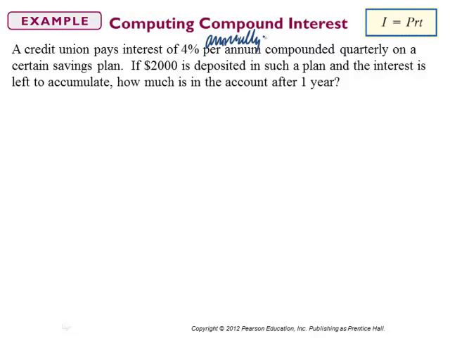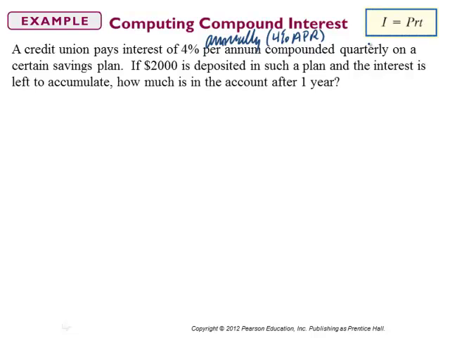So 4% APR, in other words, think about this as 4% APR with quarterly compounding. So it says per annum compounded quarterly. Please don't get those mixed up. They mean 4% APR with quarterly compounding.